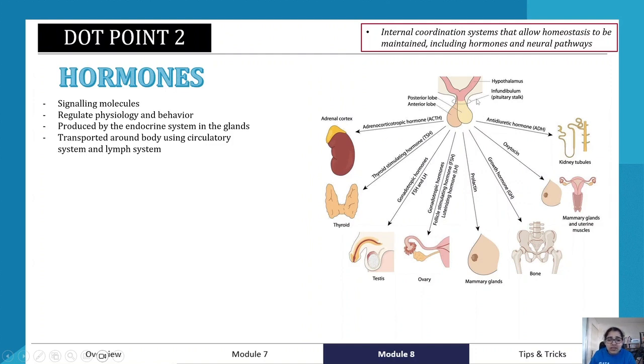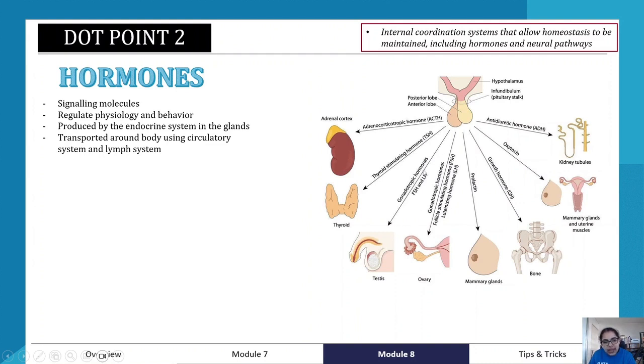The hypothalamus and the pituitary secrete and release hormones. I think it's good to have some examples, for example ADH, and oxytocin is another one. Oxytocin is something you would have looked at in module 5 as well, when you were looking at fertilization and birth in humans. What else?